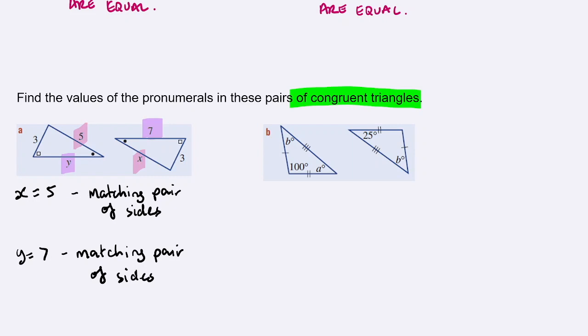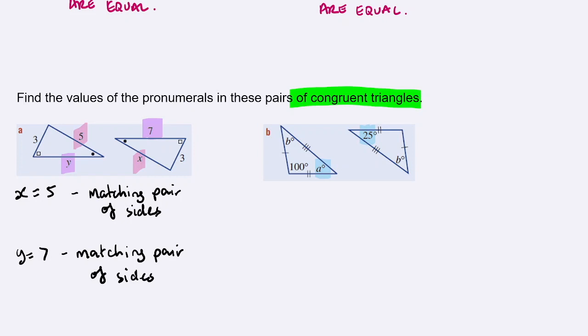Our next one's a little bit trickier, but it's not that difficult. If you have a look, we have a pair of matching angles with A and with B. You can see there that A is included between the side with 3 stripes and the side with 2, and on the other triangle that is the same as the 25.